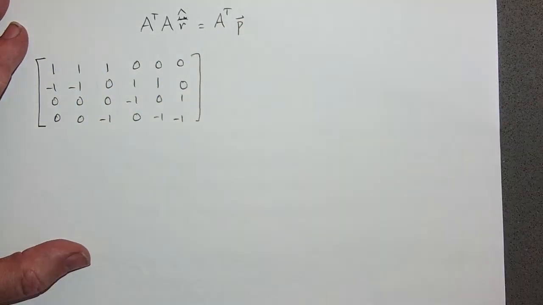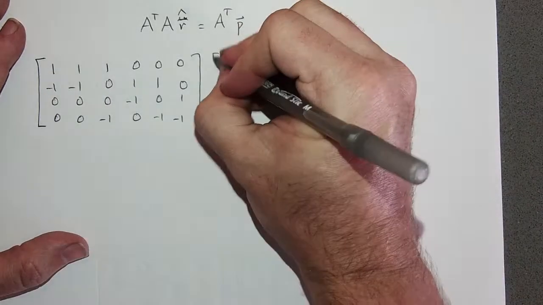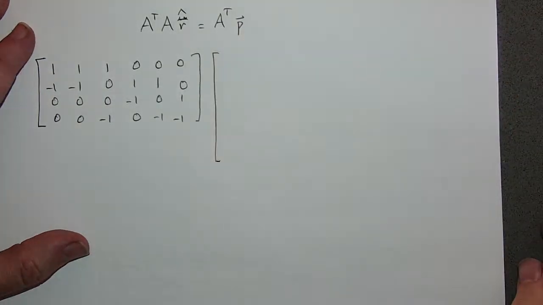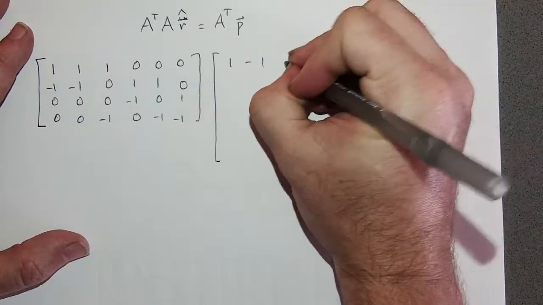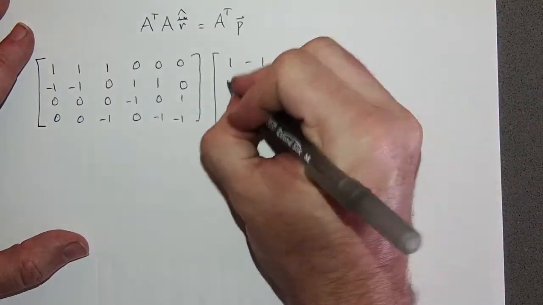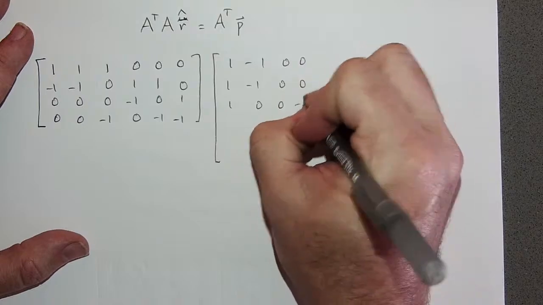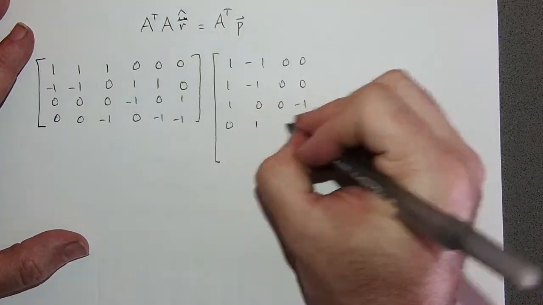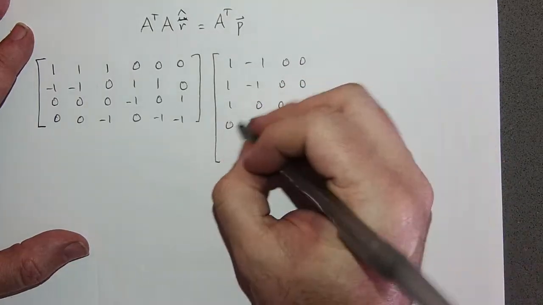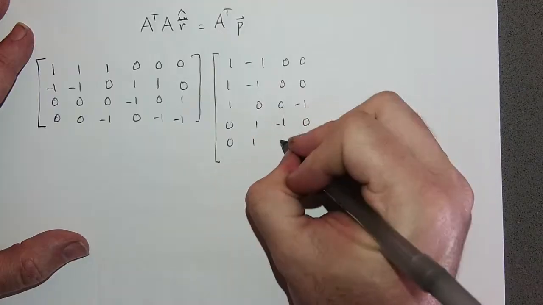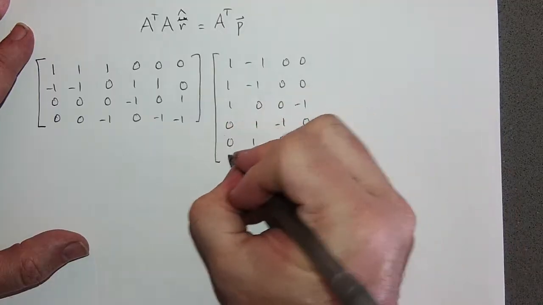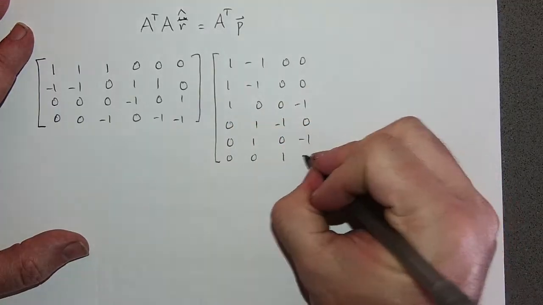So there's my transpose times my matrix A that I just copied down, which is 1, minus 1, 0, 0, 1, minus 1, 0, 0, 1, 0, 0, minus 1, 0, 1, minus 1, 0, 0, 1, 0, minus 1, and 0, 0, 1, minus 1.